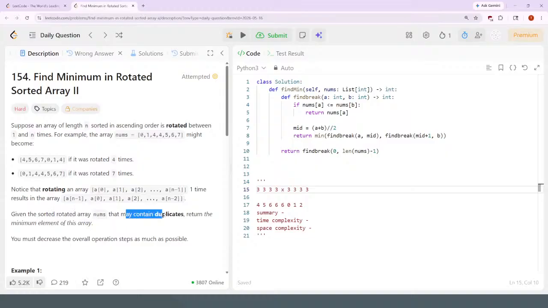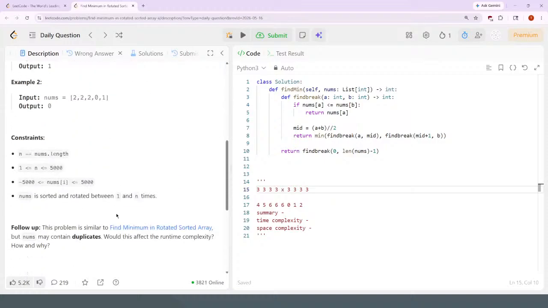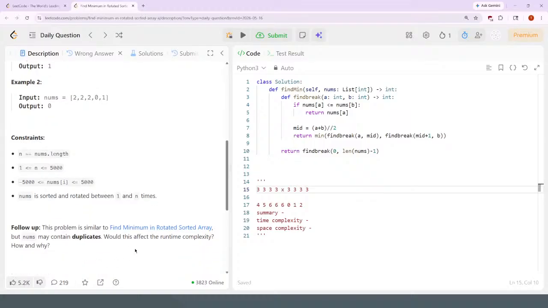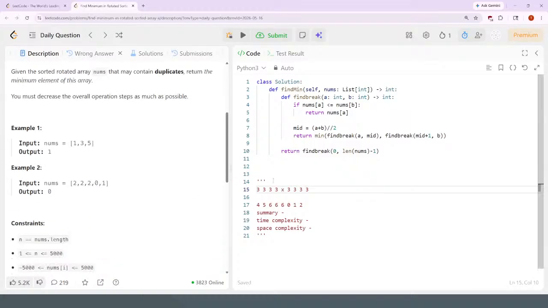It's sorted, may contain duplicates. You must decrease the overall operation steps as much as possible. So it's not saying it strictly has to be O of log n. I don't think you can get a 100% guarantee of log n runtime at this point.